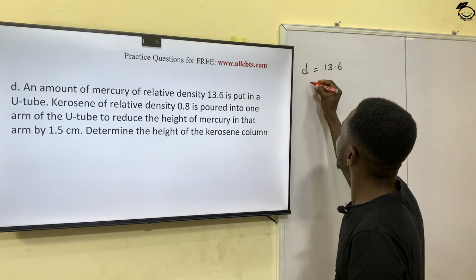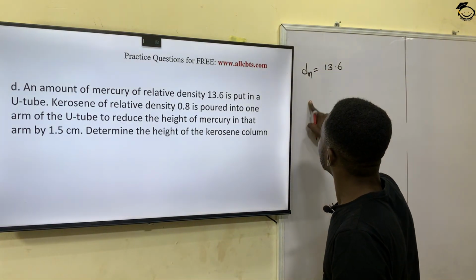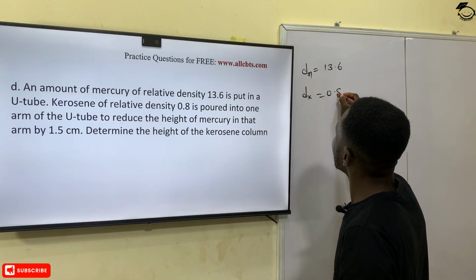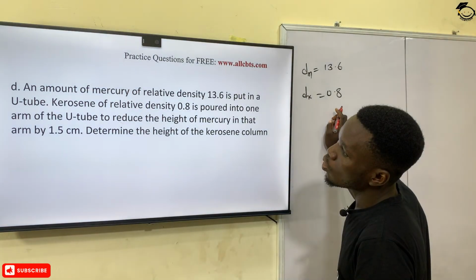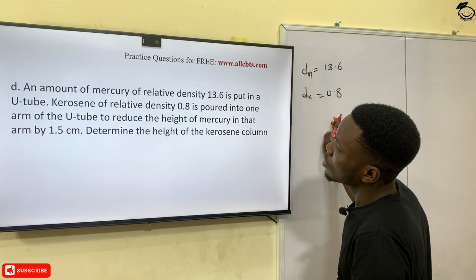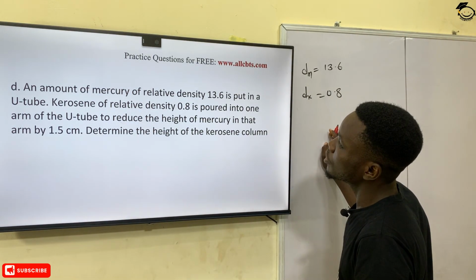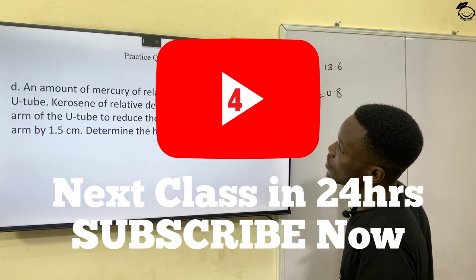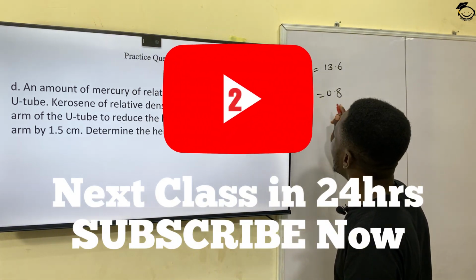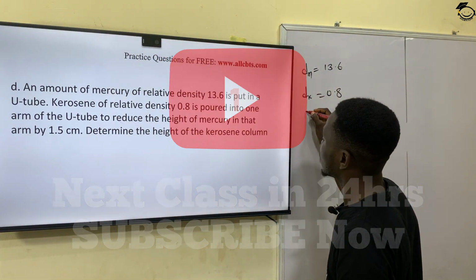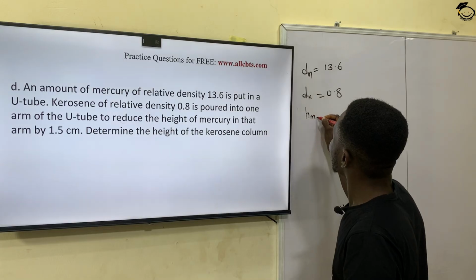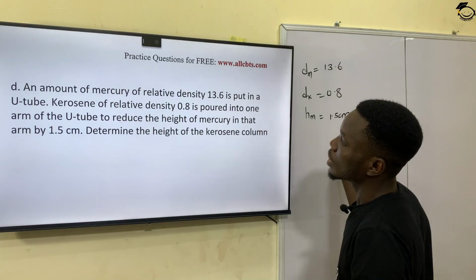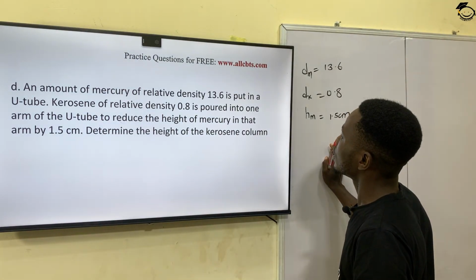Kerosene of relative density 0.8 is poured into one arm of the U-tube to reduce the height of the mercury in that arm by 1.5 centimeters. So we have the height of the mercury as 1.5 centimeters. Determine the height of the kerosene in the column.